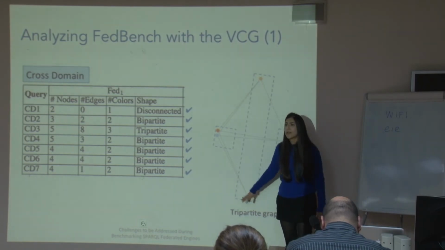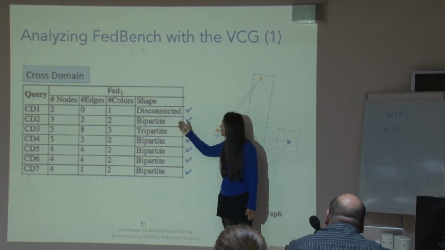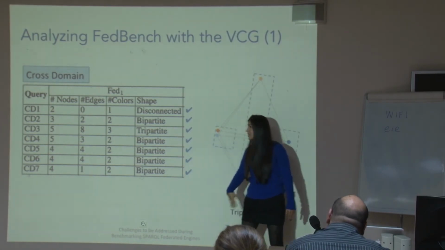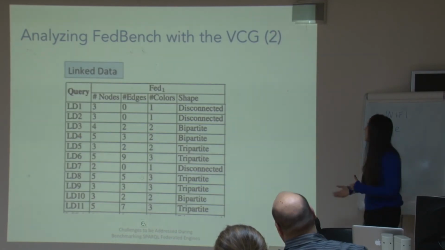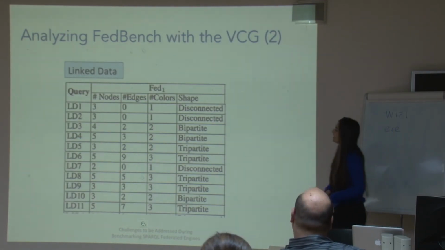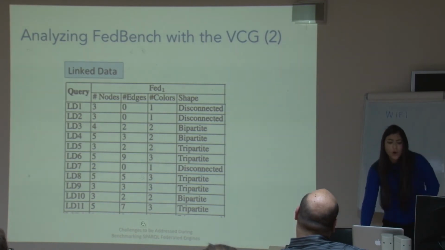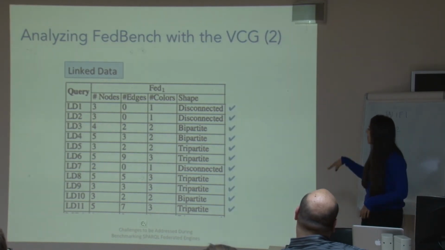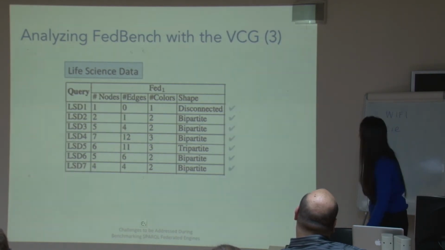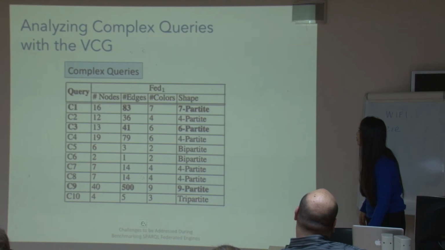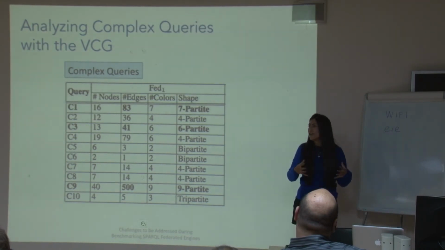So for the cross-domain, they are all very simple. They are disconnected bipartite or tripartite graphs, so I can find a solution. And if we take a look at the other collections, in the case of linked data, it's the same. There is no variation. All of them are disconnected, bipartite or tripartite, and the same with life science data. So the conclusion from this is that FedBench is not really stressing our engines.